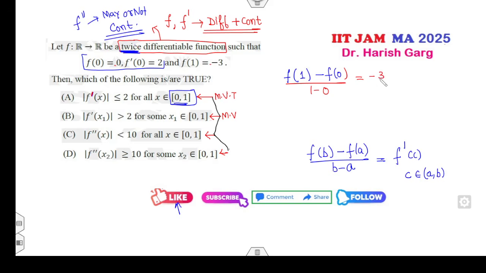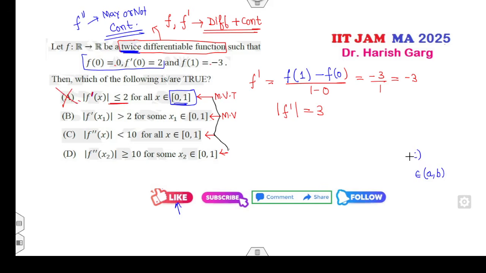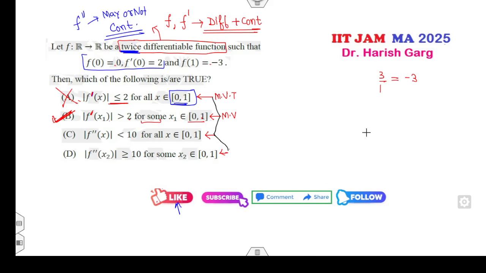That value is my f dash. So what is the value of the f dash? Modulus value is 3. Is it less than 3? First option, cancel. Second option is the same, derivative, same interval for some. Yes, we can find x is equal to 1, whose value is greater than 2. So B option is the correct answer.